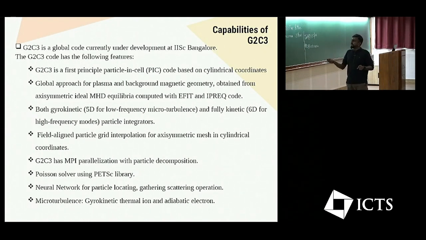It's an MPI code. It uses PETSc libraries to perform these calculations, and we have incorporated the neural network within the whole process, and we have demonstrated using these microturbulence results that our code is consistent with already existing codes.